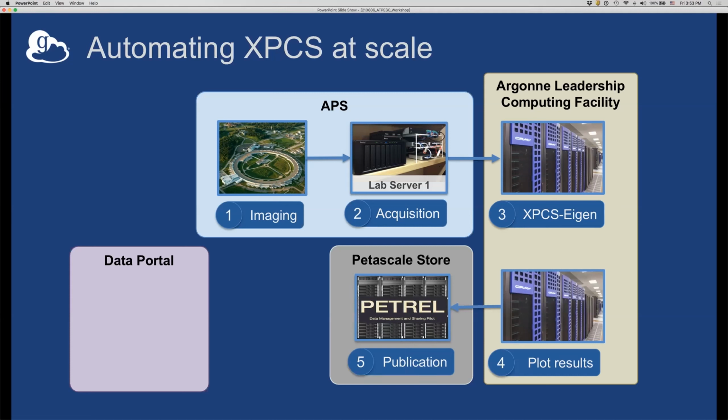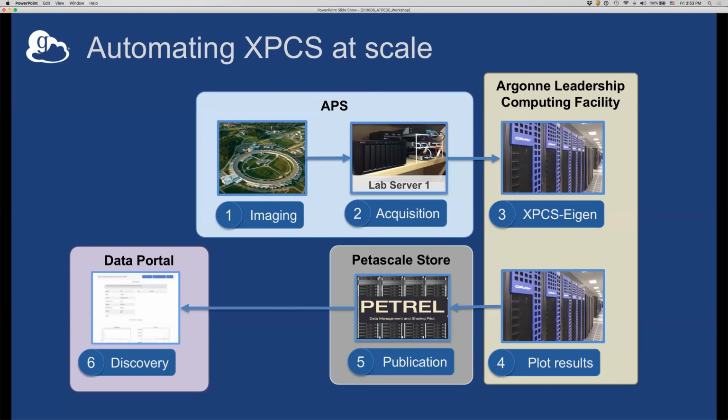And then they are taking those results, moving them to another system called Petrel, where they're annotating them with certain metadata, and then making them available by generating a search index and a portal where other folks can come along and use them in their own downstream analyses or what have you. And this is a very common design pattern that we see.